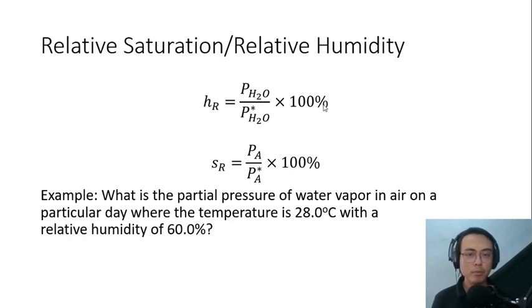Okay? Let's try to solve this example. What is the partial pressure of water vapor in air on a particular day when the temperature is 28 degrees Celsius with a relative humidity of 60%? So let's list the given. Temperature, 28 degrees Celsius. Relative humidity, 60%. And we are asked for the partial pressure of water vapor.